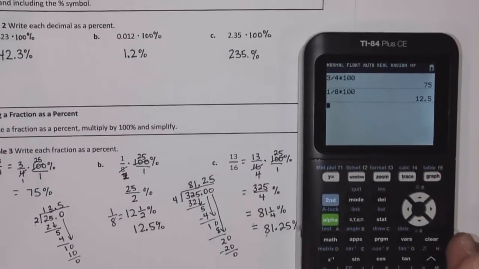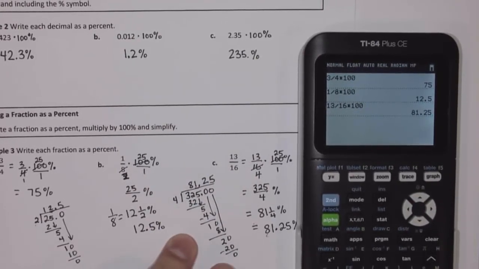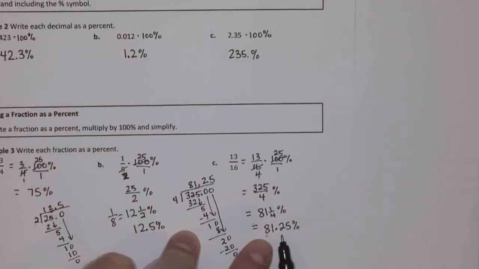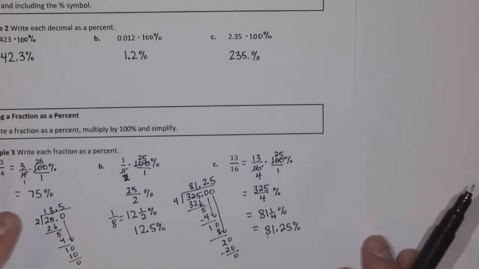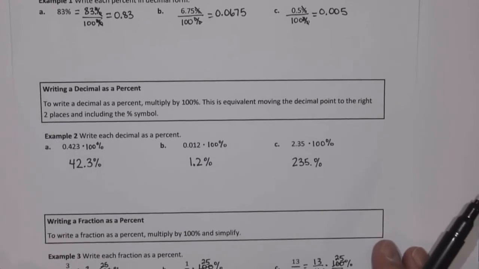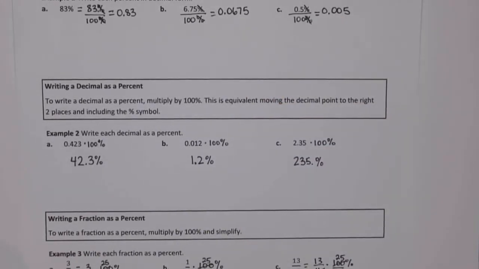And similarly, if I take 13/16 times 100, that gives me 81.25, which is again the 81.25%. So we can use our calculators. So we've looked at our first 3 examples of section 8.1, and so I'm going to pick up with example 4 on the next video.